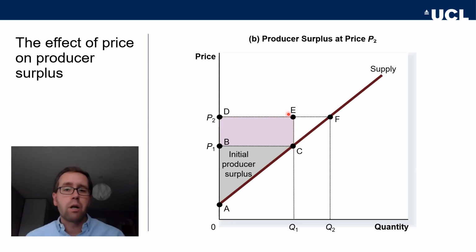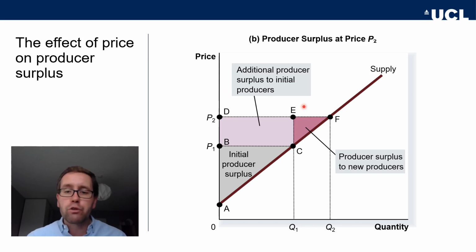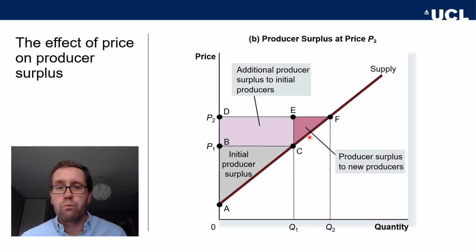They are happy now as well because they can sell at a price that is much higher than their cost. And we have new entrants to the market. New people decide to set up a coffee stand because it is so profitable. So we have additional producer surplus to initial producers, and then we have producer surplus to new producers. These guys here are setting up coffee stands because the price is so high that it's profitable for them to do this as well.